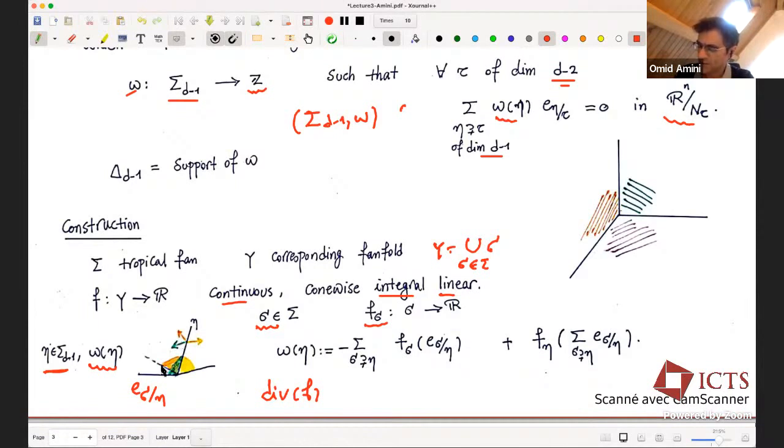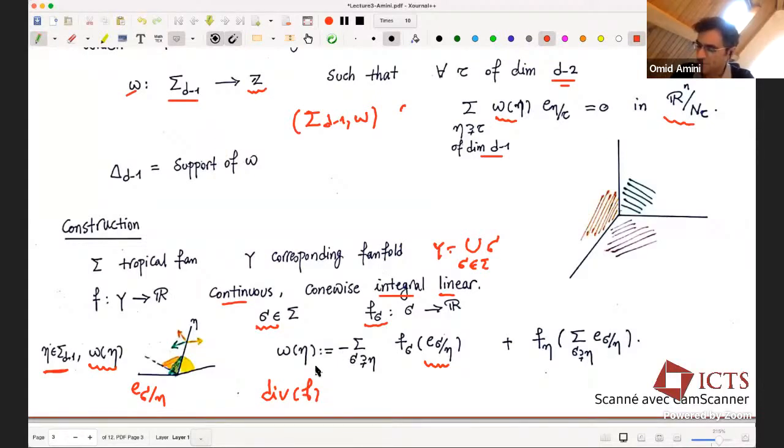Now you can evaluate your function on each of these vectors, because you have a function f sigma, which is the restriction of an integral linear function on the vector space generated by sigma to sigma. So you take the sum of all these values. These are all integer values. You take it with negative sign.